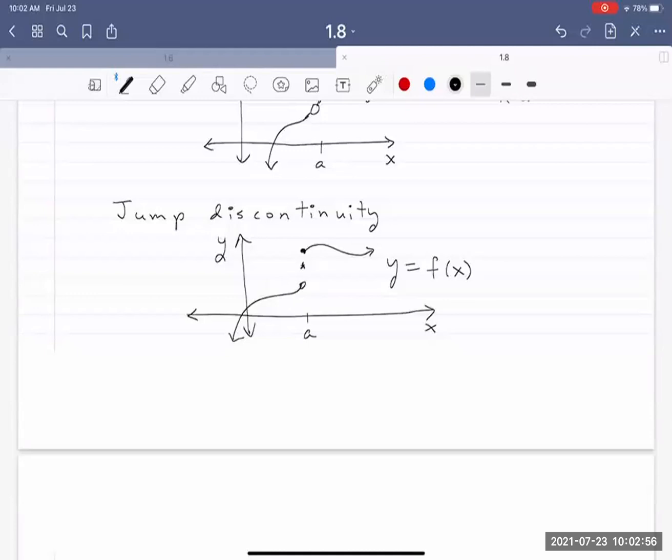So there's no way to just fill in one point so that you could draw it without having to lift your pen off the tablet. So this occurs when the limit does not exist. The limit as x approaches a of f of x does not exist.